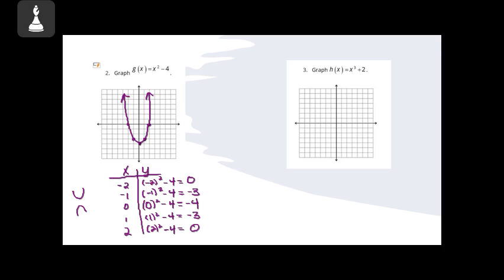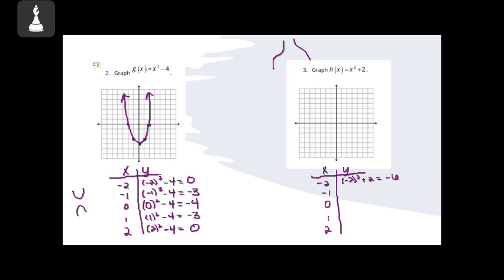And then the third graph, x cubed plus 2. Those are the cube graphs. Cube graphs look like one of these two. Again, we're going to go on either side of 0, negative 2, negative 1, 0, 1, and 2. All right, negative 2 cubed is going to give me negative 8. If I add 2 to that, that gives me negative 6.